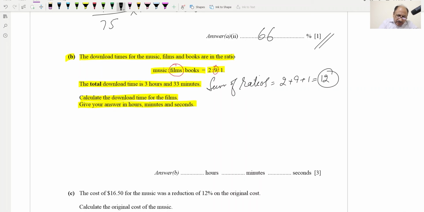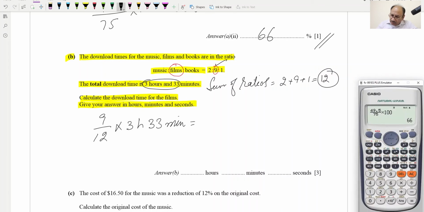Now 9 is the ratio for film, so we can write 9 over 12 of the time, which is 3 hours and 33 minutes, the total time. We can use the calculator for that: 9 divided by 12, multiplied by 3 hours and 33 minutes, and this will be equal to 2 hours 39 minutes and 45 seconds.